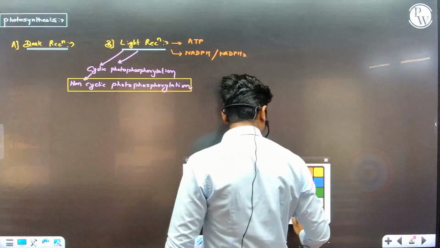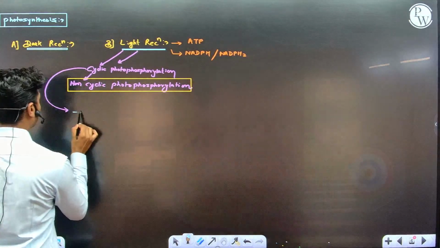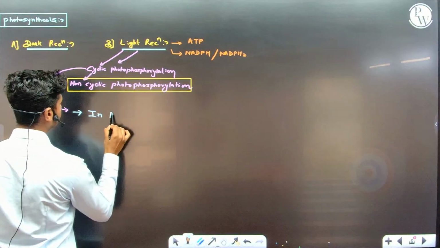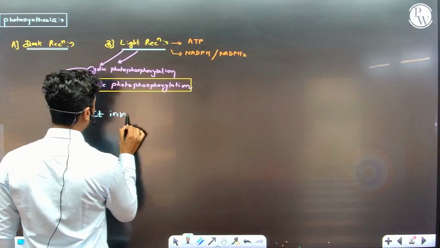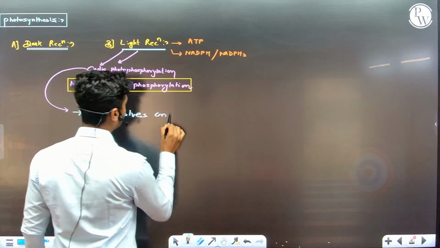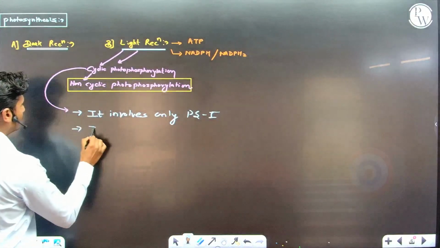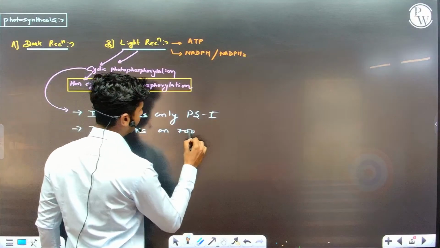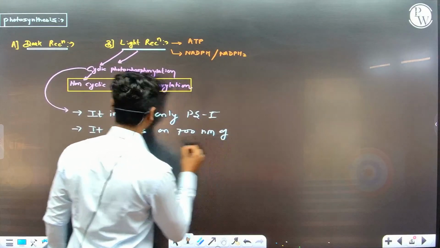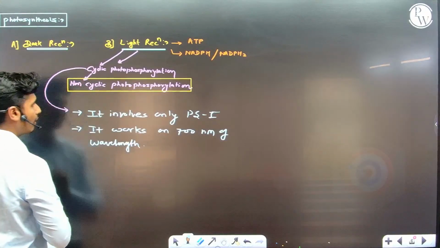And writing here about cyclic photophosphorylation, first point, it involves only PS1, only PS1. It works on 700 nanometer of wavelength.